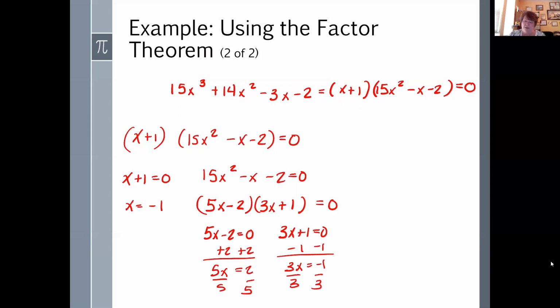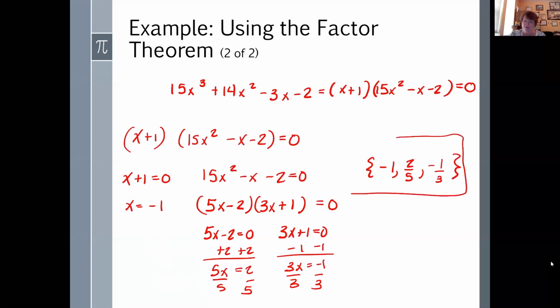So the solutions to this original equation were -1, which is the one they gave me, 2/5, and -1/3. So I was able to solve the equation 15x to the third plus 14x squared minus 3x minus 2 equals 0 by knowing one of the zeros, using synthetic division to find the quotient, which is also a factor of that polynomial.